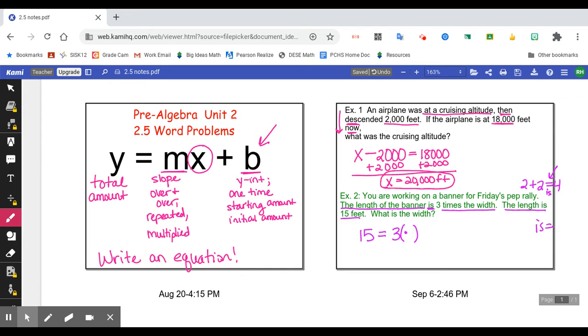And put the width, but they don't tell us the width. So again, if we don't know it, we have to put a variable. So I'm going to put a W. So if you wanted to write it, you wouldn't even have to use parentheses. 15 equals 3W. One step, this is multiply, so we divide. Width equals 5. And again, it's a label of feet. Okay? Next one.